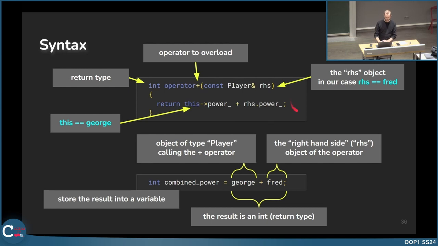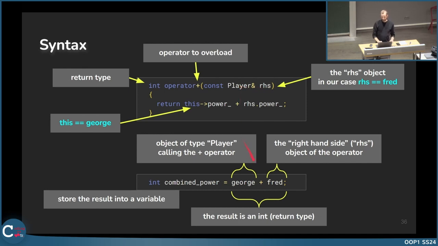So the return type of this is an integer, and when we write here plus something else, we calculate an integer plus a player. And this could also work, but we have to override another operator which then works for a player on the one side, and on the other side, we have to take an integer.